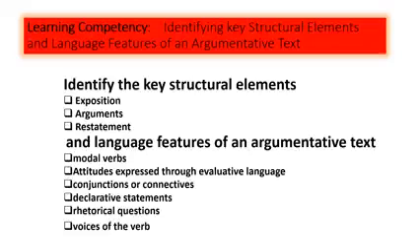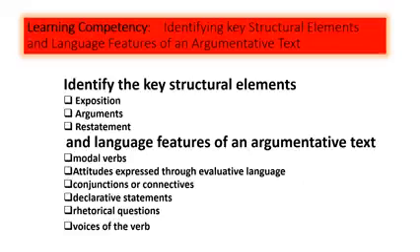So as I've said before, an argumentative text has three parts: the introduction, the body, and the conclusion. For the exposition, this is also known as your thesis statement. This is where you state your position for your argument, and this is usually found in the introduction part.